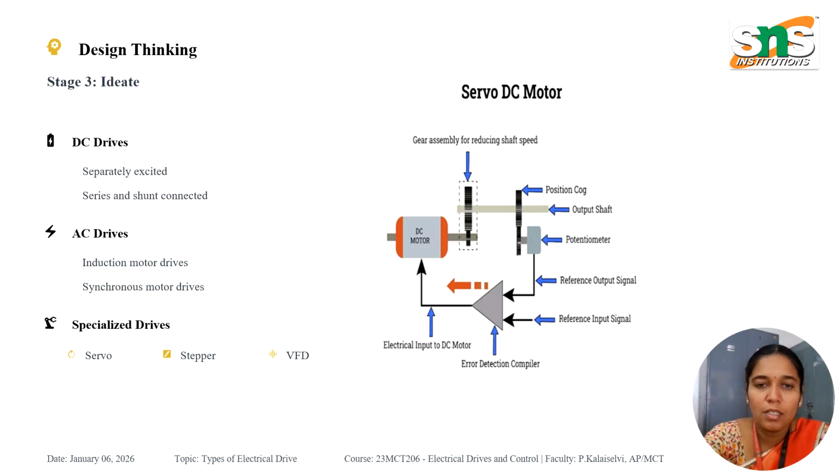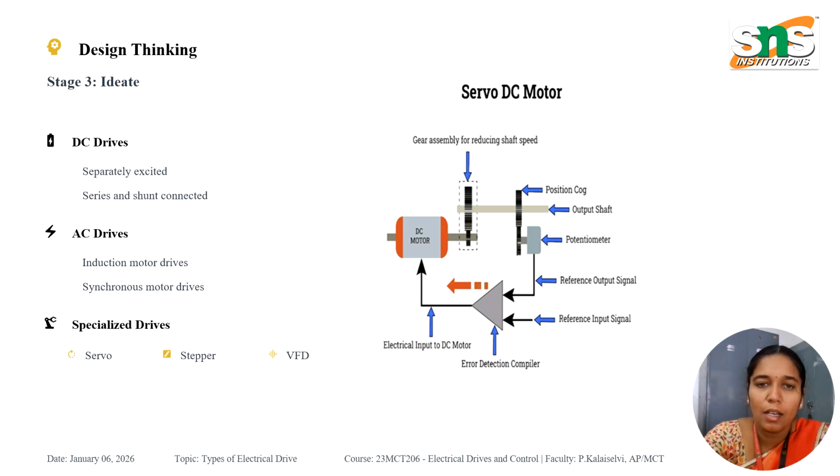And then the third stage, ideate, where we generate possible solutions. Here we consider three categories: AC drives, DC drives, and specialized drives. DC drives are preferred where high starting torque and easy speed control are needed.